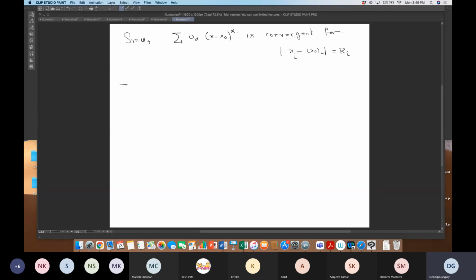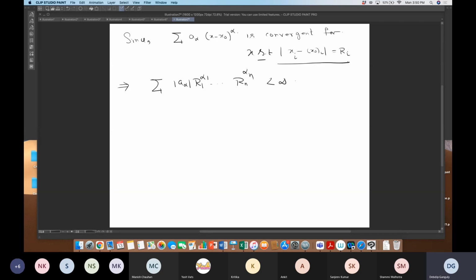This implies summation a alpha, r1 to the power alpha 1 dot dot dot rn to the power alpha n, is finite. Agreed or not? We have given in the hypothesis that the summation is convergent for some x at the boundary.